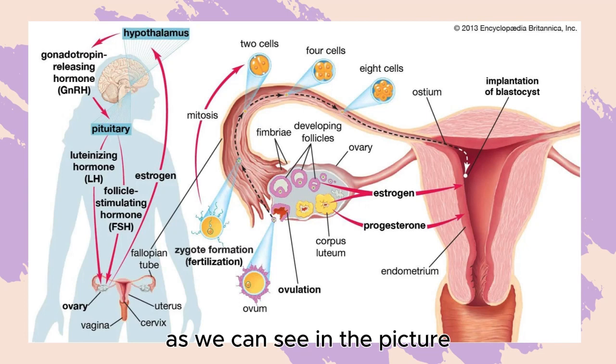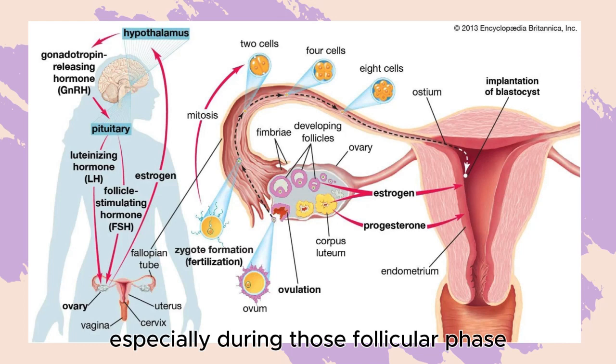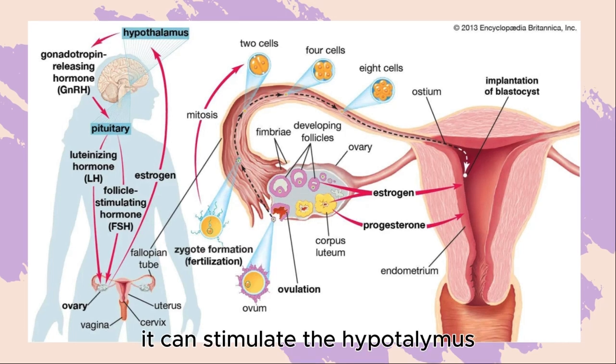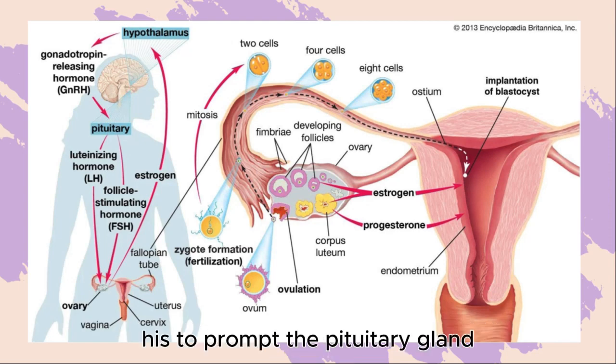As we can see in the picture, as estrogen levels rise during the menstrual cycle, especially during the follicular phase, it can stimulate the hypothalamus, which releases gonadotropin releasing hormone or GnRH to prompt the pituitary gland.